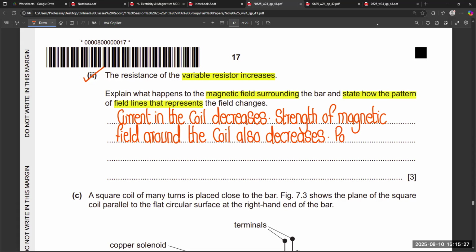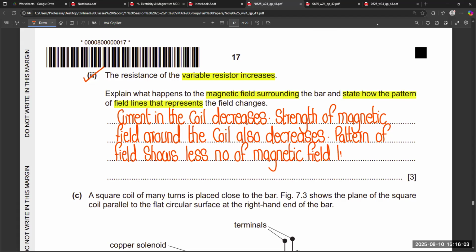So the pattern of field lines shows less number of magnetic field lines, and the gap between lines also increases.